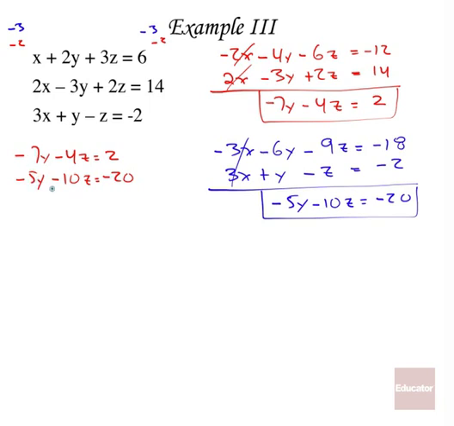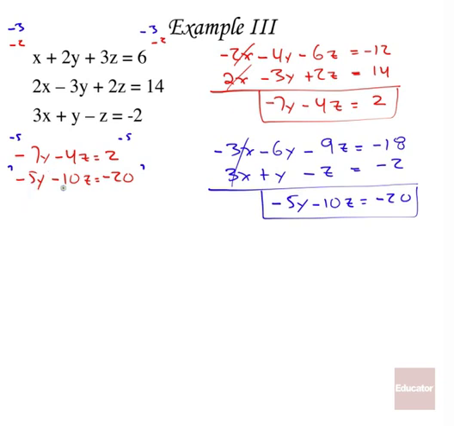So I think I'm going to multiply the top equation by a negative 5. And I'm going to multiply the bottom equation, I'll keep it in blue, by 7. So I'll lose 7 here, 7 here. So this will give me a positive value here and a negative value here. That should take care of it.